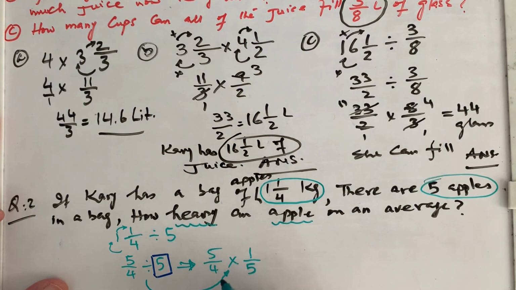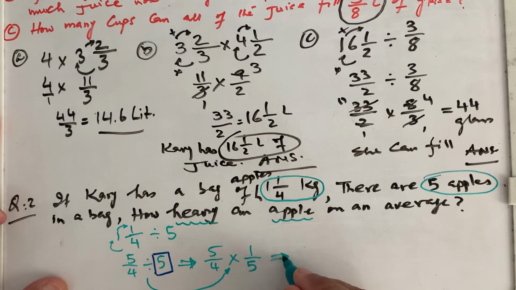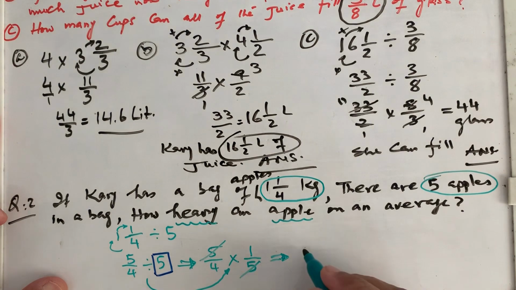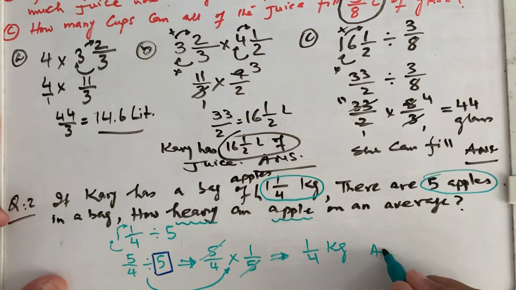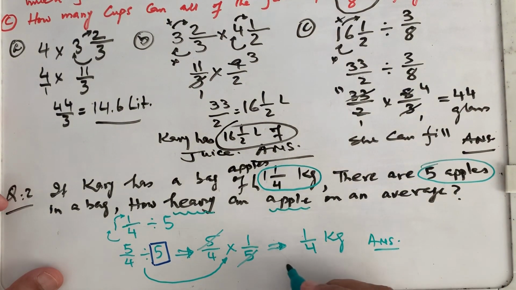So now you can simplify the fractions. 5 cancels with 5. So 1 over 4 kg. So each apple weighs 1 over 4 kg. Answer.